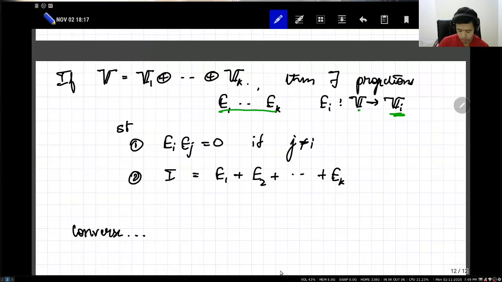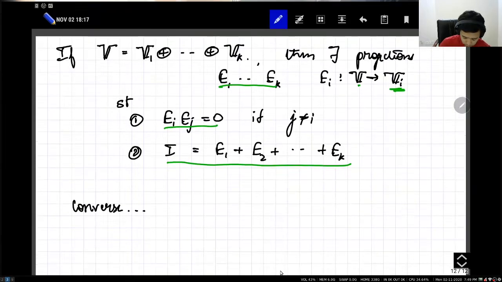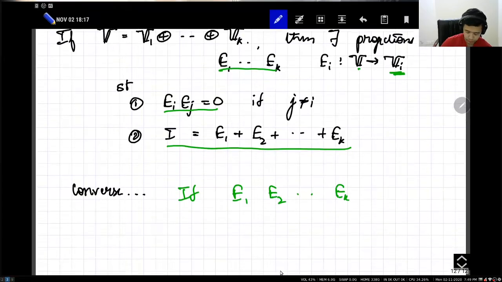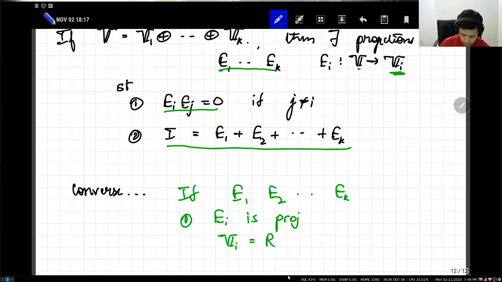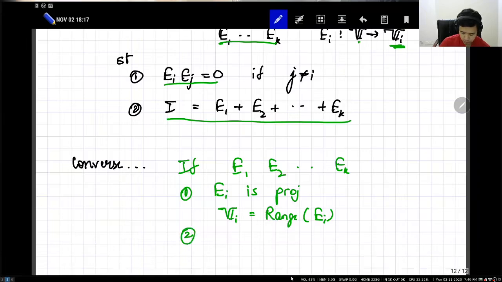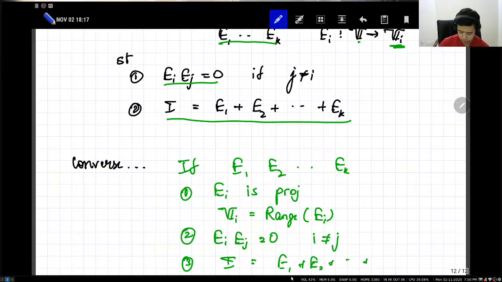So let V_i be the range of E_i, and these projections satisfy the property that E_i E_j equal to 0 for all i not equal to j, and the identity matrix is equal to E_1 plus E_2 so on up to E_k.